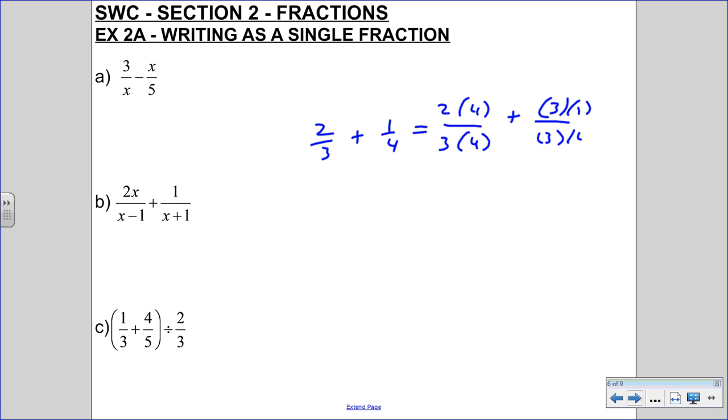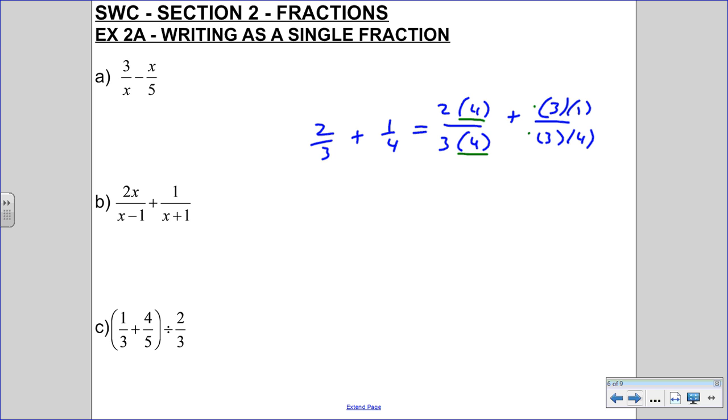Now, you're probably aware why you need to do that, but just to reiterate, you have to times the top and bottom by 4 because that way you are timesing it by 1. Because 4 over 4 cancels and makes 1, doesn't it? Just like 3 over 3 cancels and makes 1.